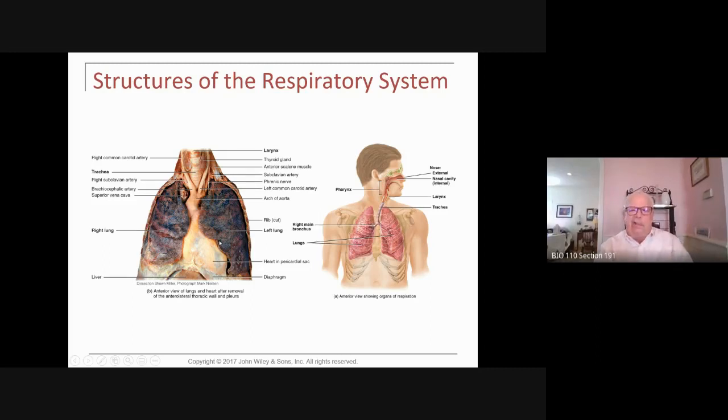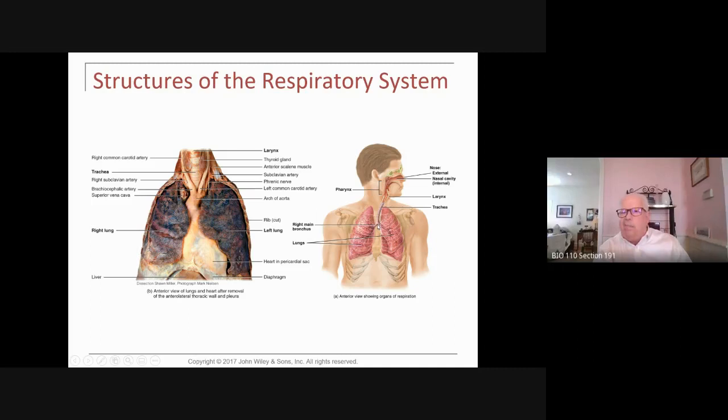But here are some of the structures that you should be aware of, and we're going to talk about them. Here is the trachea, and the trachea divides into the right and left main bronchus. And at the division is right here.